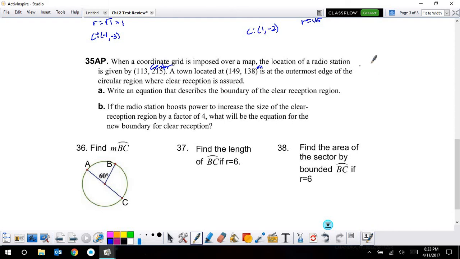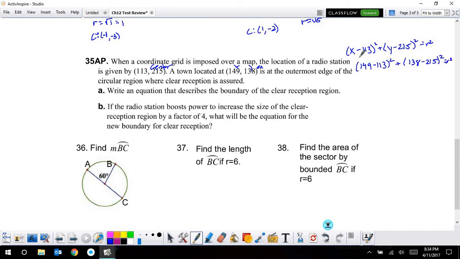So I've got (x − 113)² + (y − 215)² = r². Now we've got to find r. It's going to be a big number. So you plug in your x and your y. So you have (149 − 113)² + (138 − 215)².